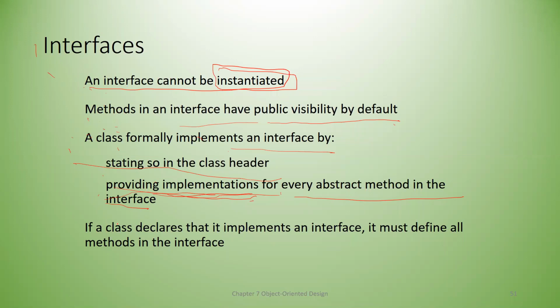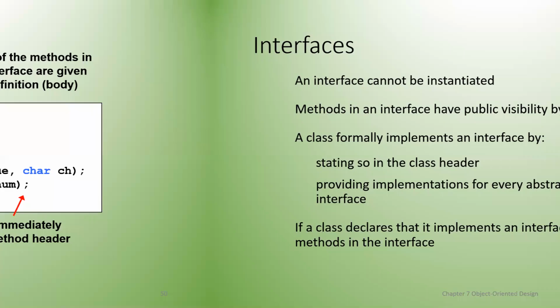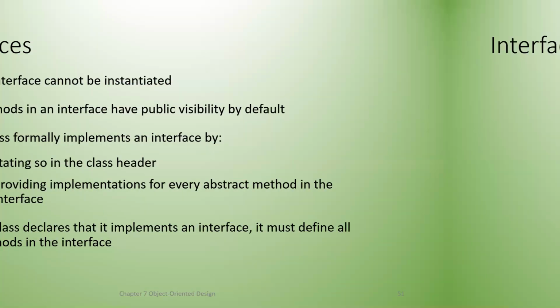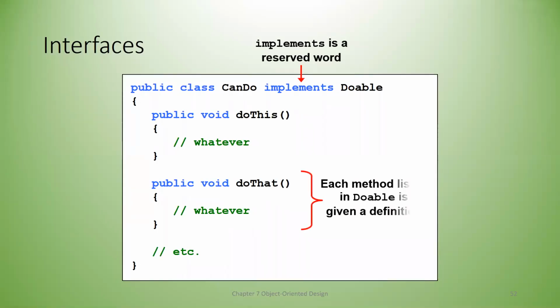If a class declares that it implements an interface, it must define all methods in the interface, not just one or two, but all methods. So if you say you're going to implement Doable, this interface, you have to provide the body for all these methods. Let's look at this example. This is public class CanDo implements Doable, and implements is the keyword.